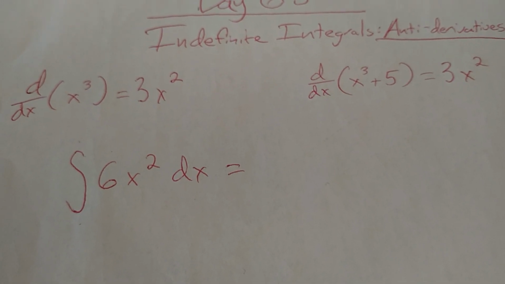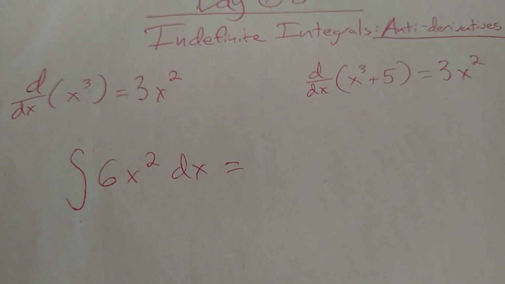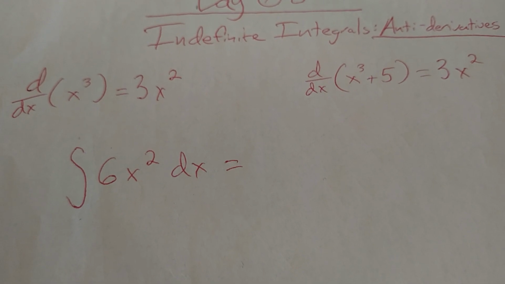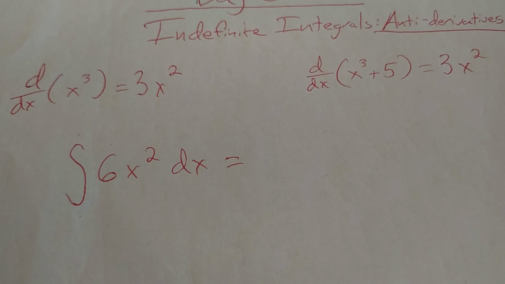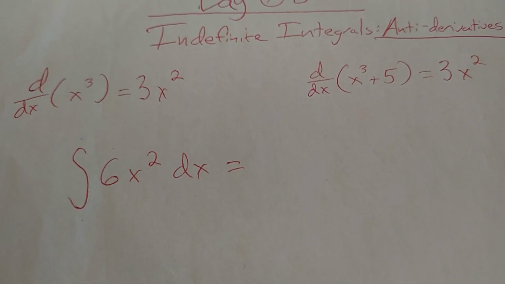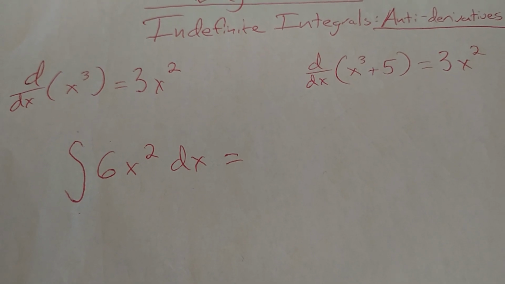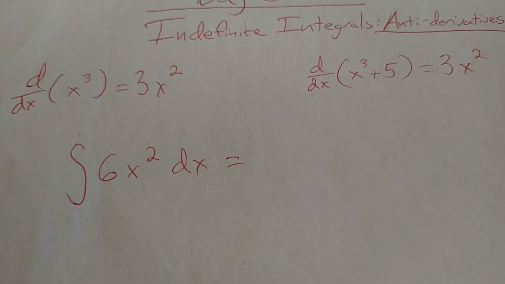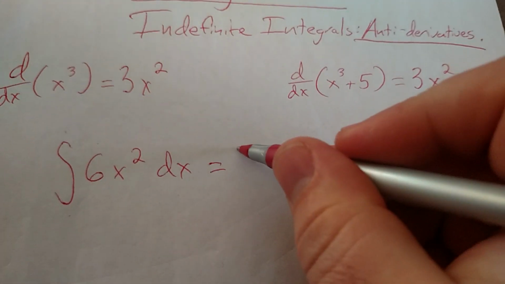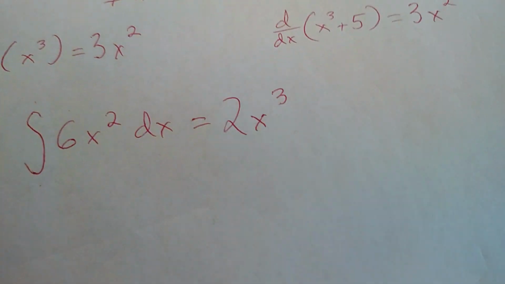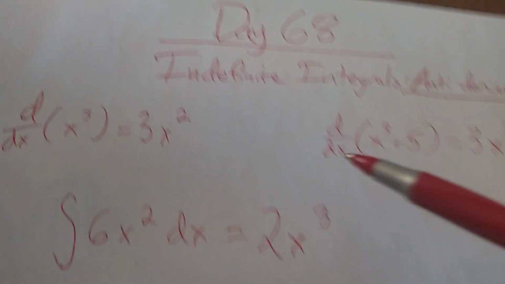X cubed itself isn't going to work because its derivative is 3x squared. So what's going to have to be the coefficient? Whatever it is times 3 has to equal 6. So that's got to be maybe 2x cubed.